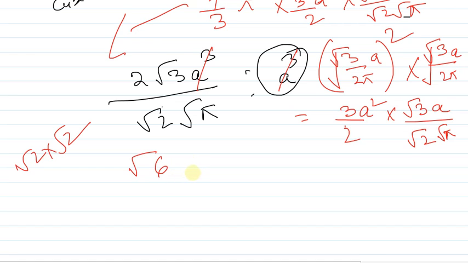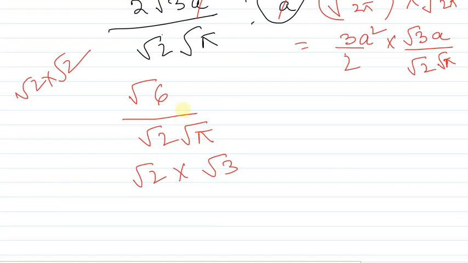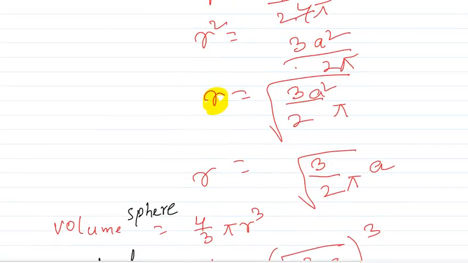Are you getting till now? If you have a doubt, see, it's simple. Root 6 we can write as root 2 into root 3, and root pi. Root 2 and root 2 cancel, so the answer came.